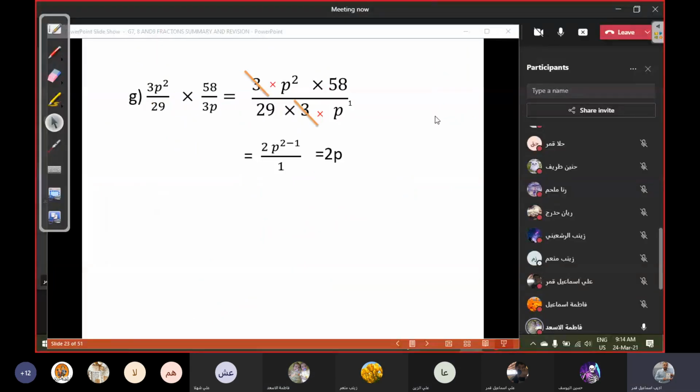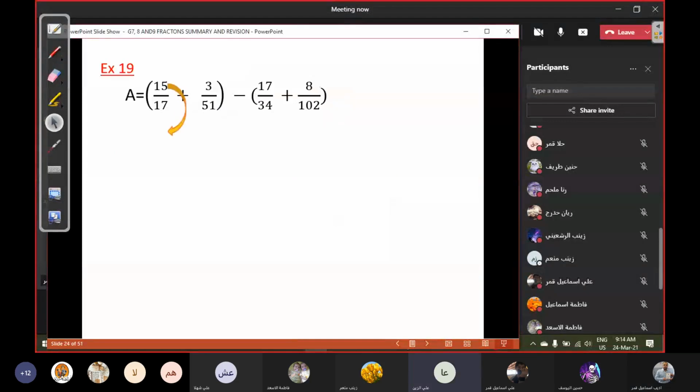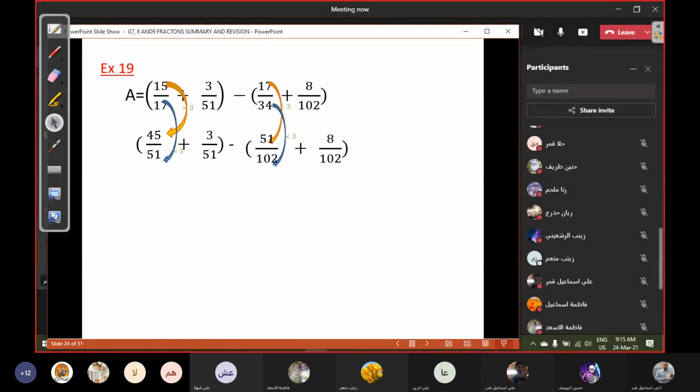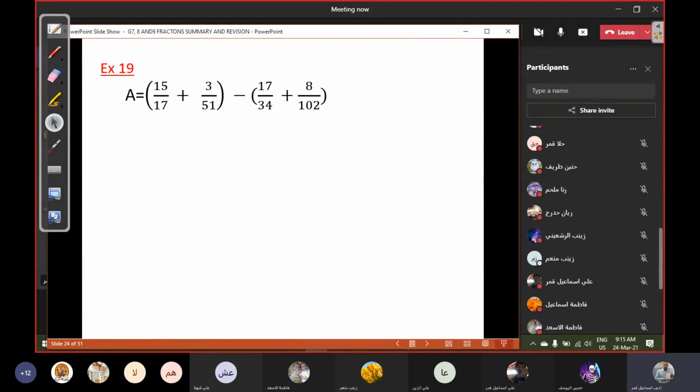Okay, we also have another example. To solve this expression we have to convert to a common denominator.